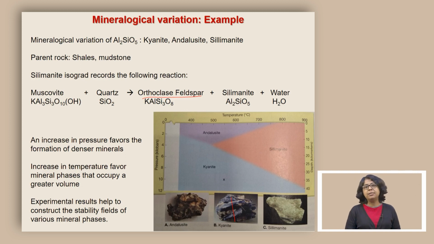Well, an increase in pressure favors the formation of denser minerals, the minerals which are more compact. So, an increase in pressure favors those. On the other hand, an increase in temperature favors those mineral phases that occupy a greater volume. So, if we are talking about the same mineral, that means it has to be less dense if it has to accommodate increasing pressure, increasing temperature.